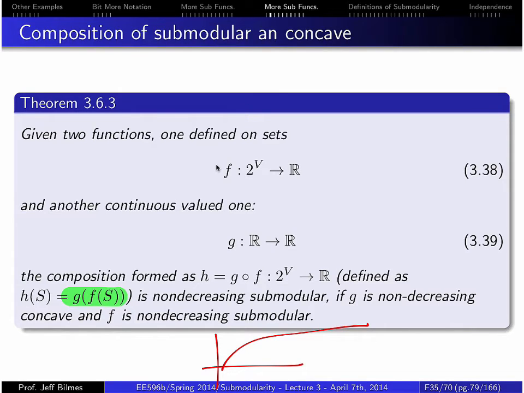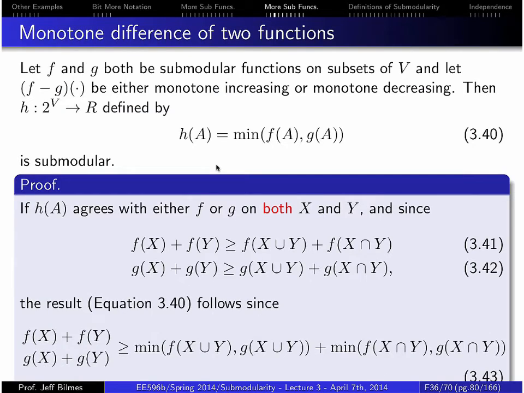You might think, well, since concave functions are closed under taking the min of two of them, like if you've got one concave function and another concave function and you take the min, you've got this stuff in the middle, which is still concave, maybe that's true also of submodular functions. But unfortunately, that's not true in general.